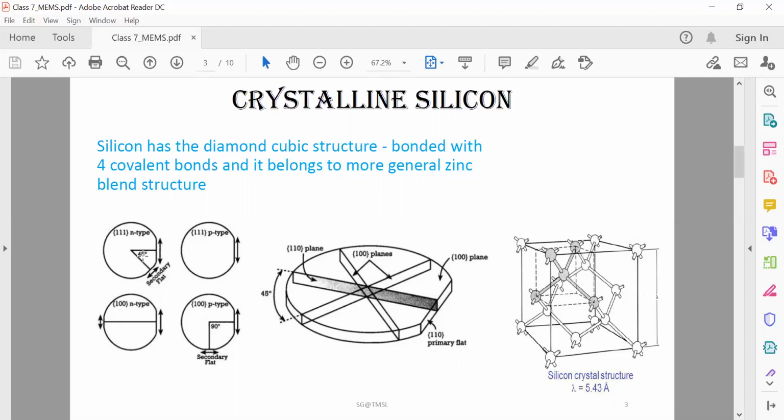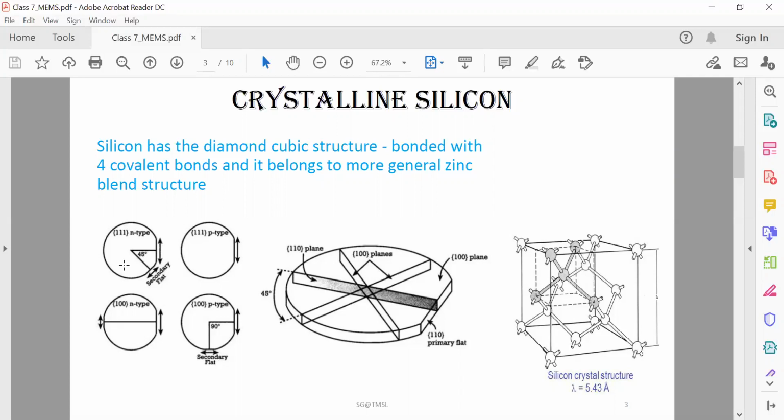Similarly, if only the primary flat is available, then it is known as 111 P type silicon wafer. Those flats are made by the manufacturer, so the company will make those flats. Accordingly, by seeing a silicon wafer, you will identify this is P type 111, and this is N type 111.